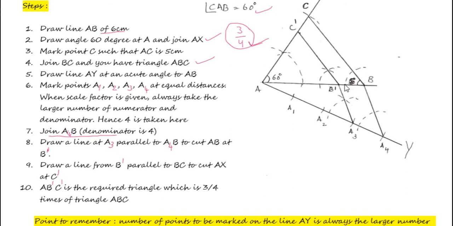Then take the distance between these 2 points and cut an arc here with the same distance. Join B dash and this point and extend to cut the line AX at C dash. Now A, B dash, C dash is the required triangle, which is 3/4 times the triangle ABC.